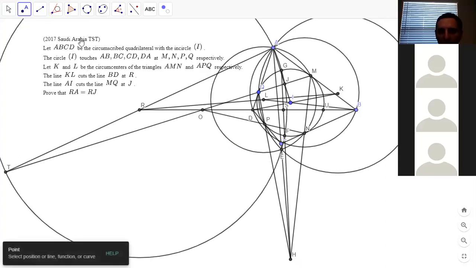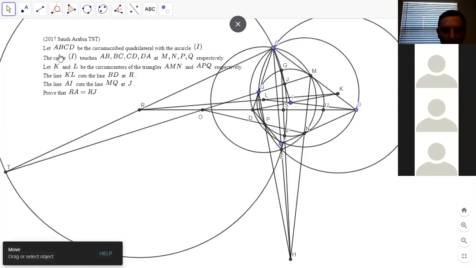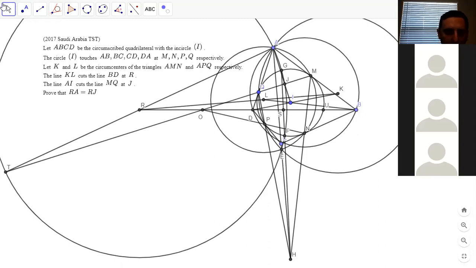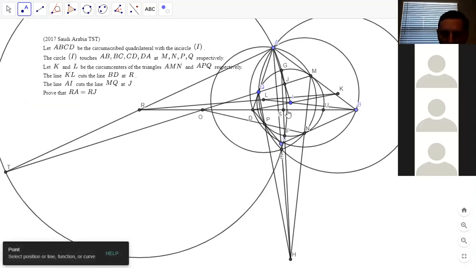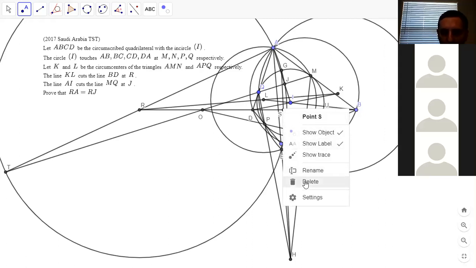So I'll draw it out. Okay, sorry. So I guess another way to do this, I can draw this point right here. Dang it, I'm just going to delete that.